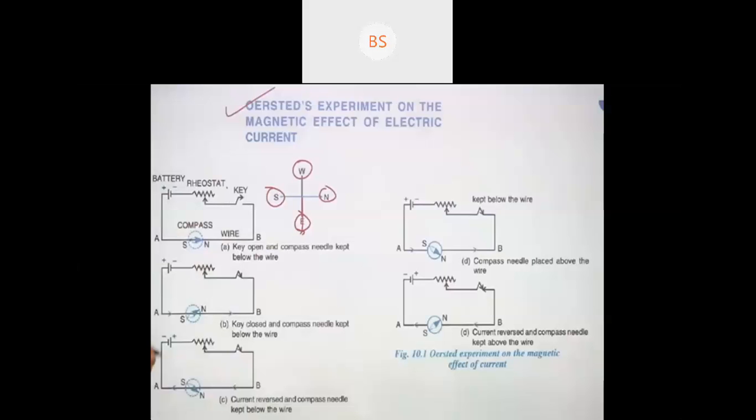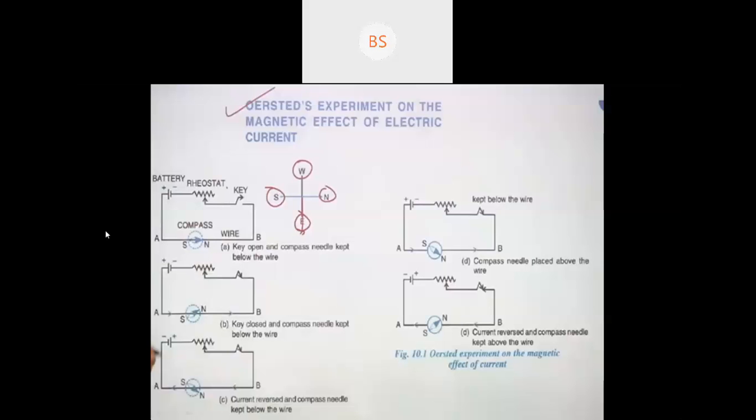Key open and compass needle kept below the wire. He has kept the compass needle below the wire, and what he observed when the key is open, that is, no current passes through the wire, is that the needle points in the north-south direction.